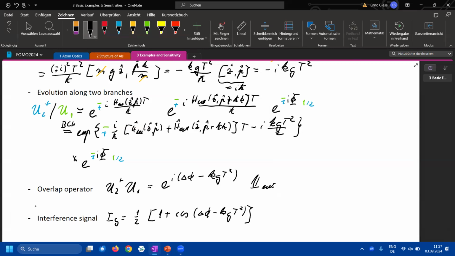So we now observe an interference signal that actually depends on gravity and depends on our interrogation time, uppercase T. Yes? So the visibility is linked to the fact that you will overlap the wave packet at the end when you close your interferometer. If they don't overlap perfectly, you get a decrease. You say that if you have a gravity field, the two paths are going to possibly experience a different gravity field.